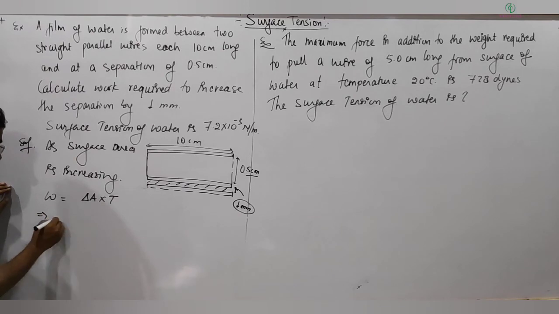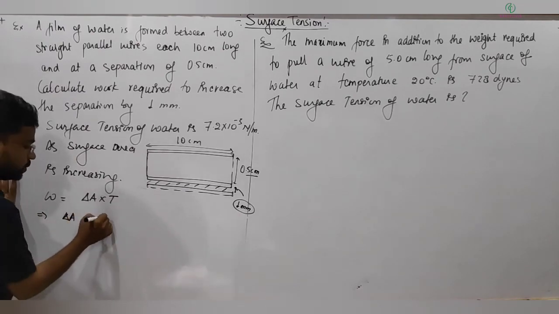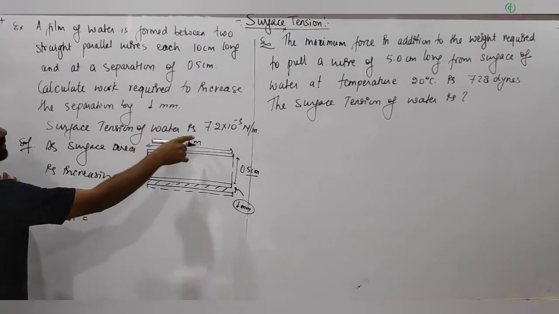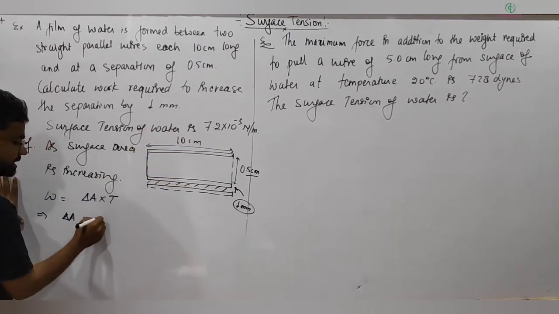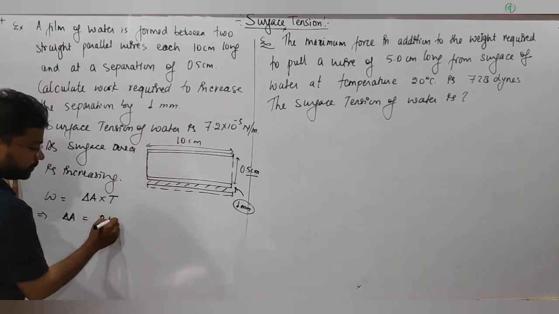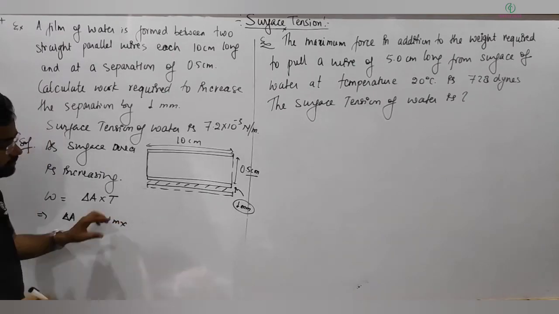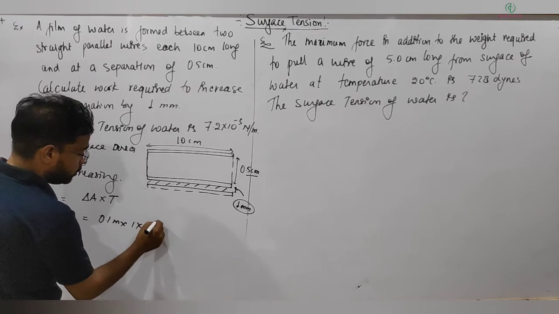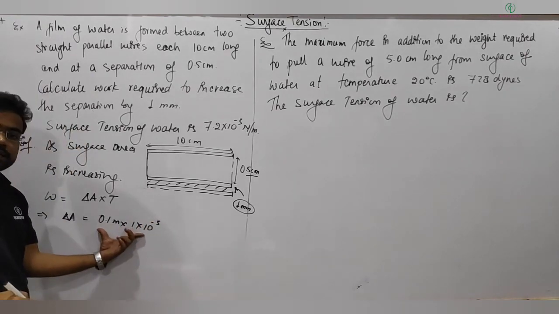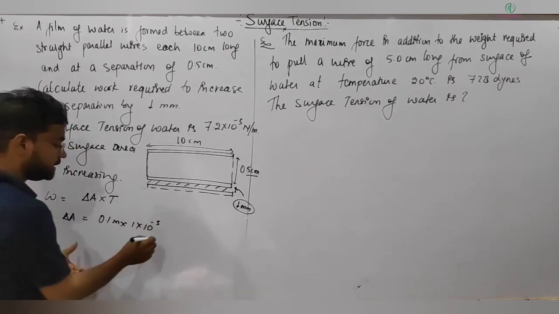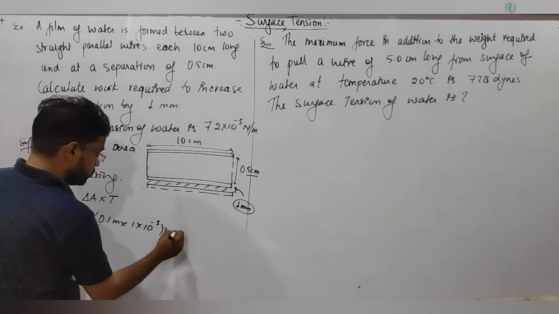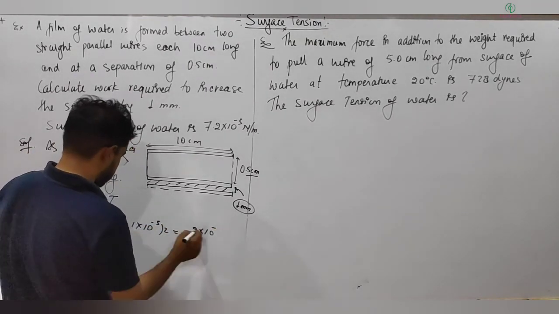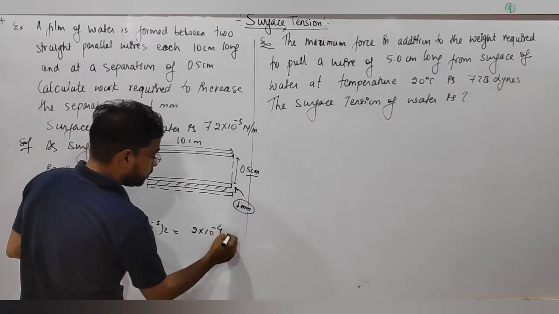So I can write delta A is equal to length, everything is given in SI unit, so it's 0.1 meter length multiplied by the width increment of 1 mm, so 1 into 10 to the power minus 3. This is the change in surface area on one side, multiplied by 2, so delta A will be equal to 2 into 10 to the power minus 4 meter square.